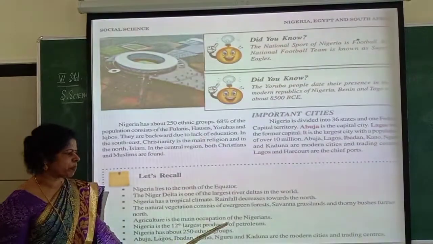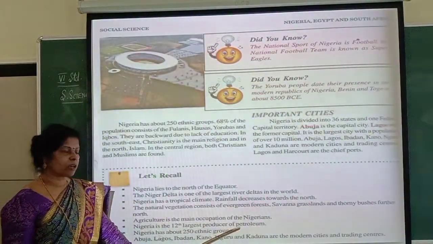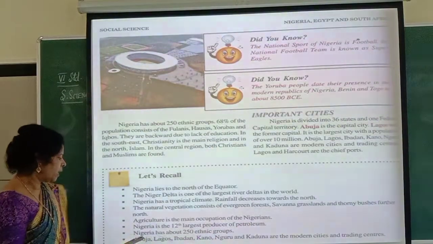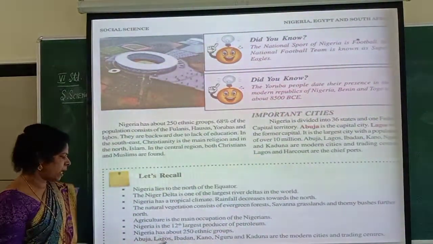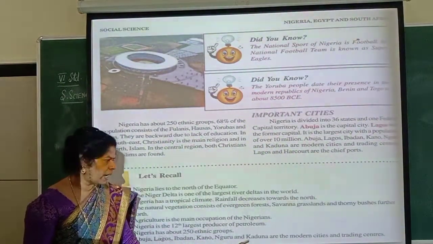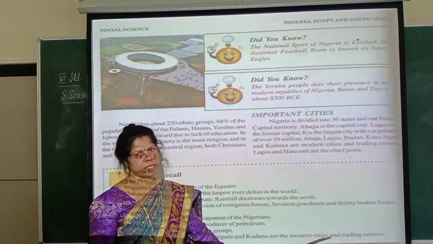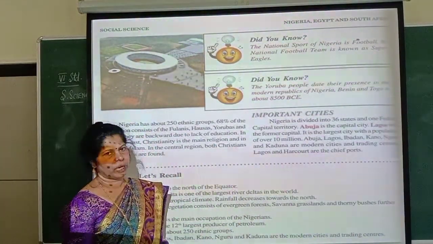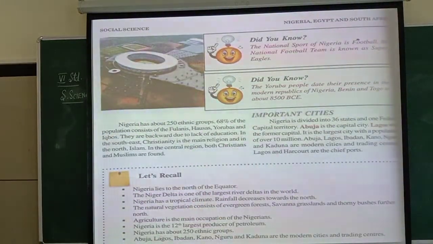Agriculture is the main occupation of the Nigerians. Nigeria is the 12th largest producer of petroleum. Nigeria has about 250 ethnic groups. Abuja, Lagos, Ibadan, Kano, Kaduna are the modern cities and trading centers. So that's about Nigeria. Now let us see some images of that.